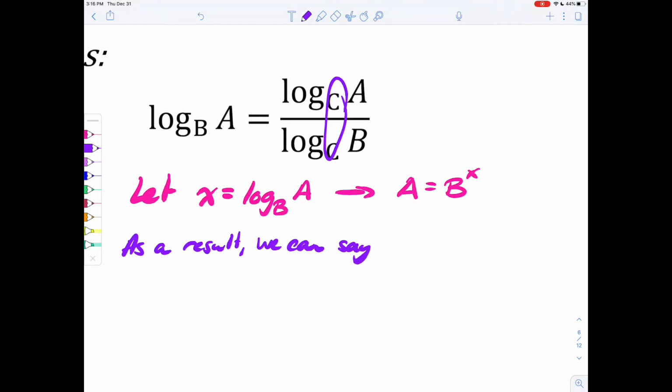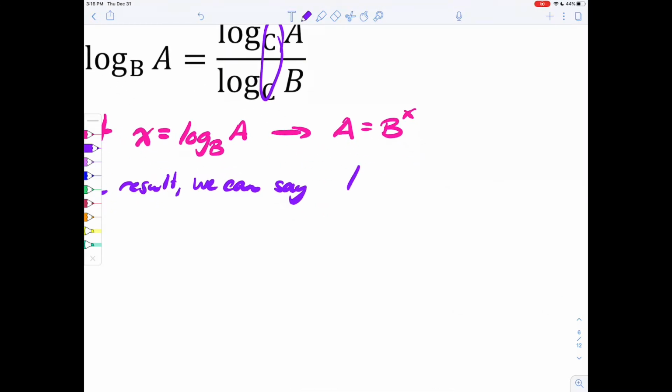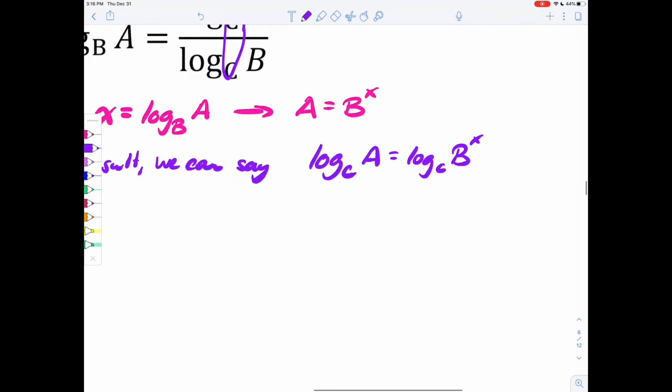Let's just take log base c of both sides. So log base c of the left side is equal to log base c of the right side. Well, by the power law of logarithms, we can take this exponent and plunk it out in front.